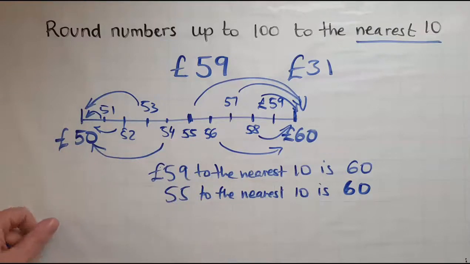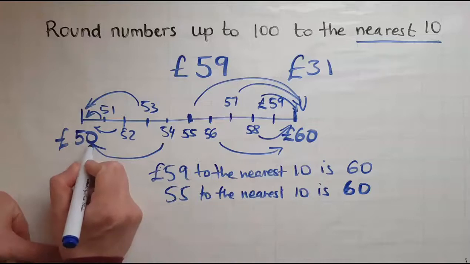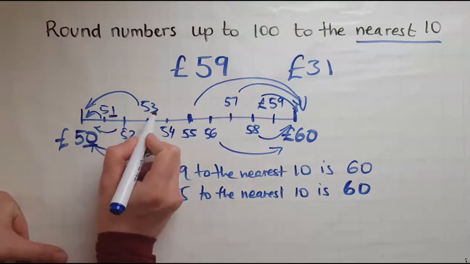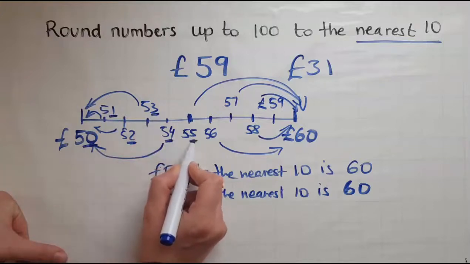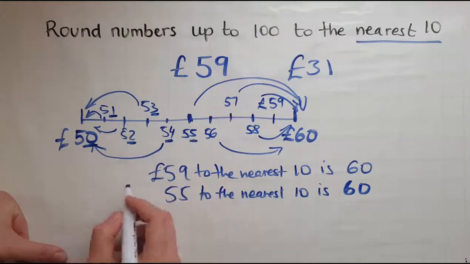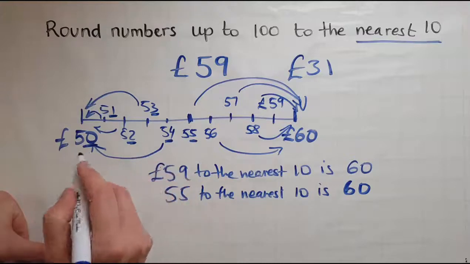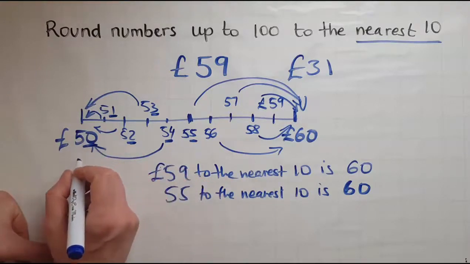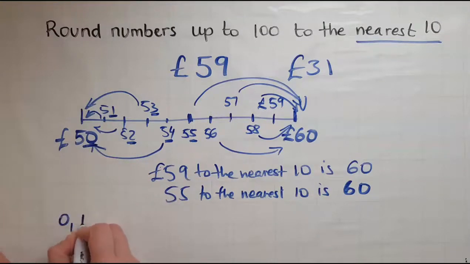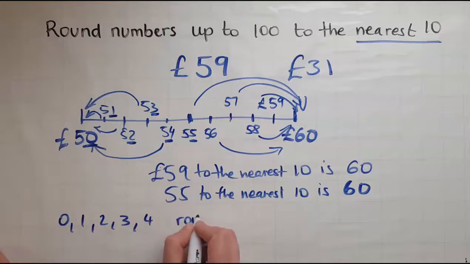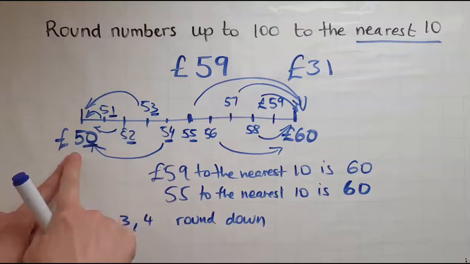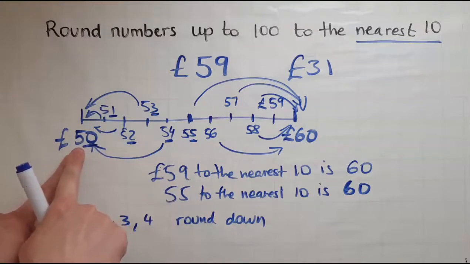So if the number ends in 0, 1, 2, 3, 4 or 5, then we round down. So we round 0, 1, 2, 3, 4 down, which means in this case rounding to 50.